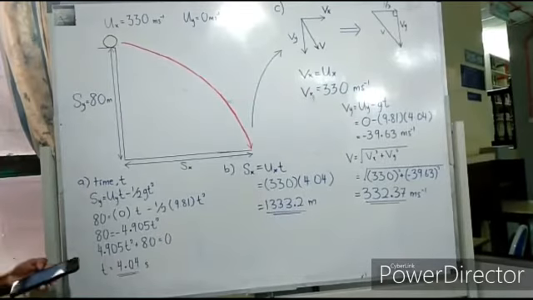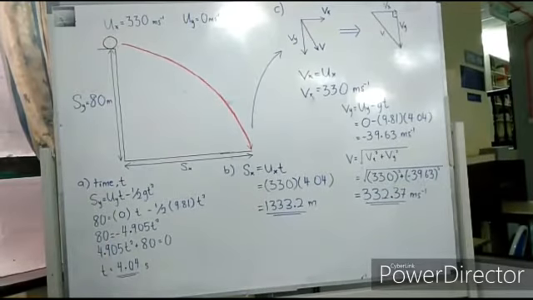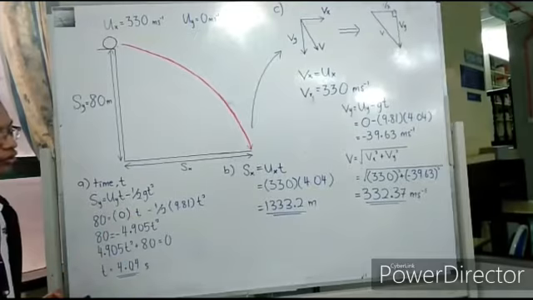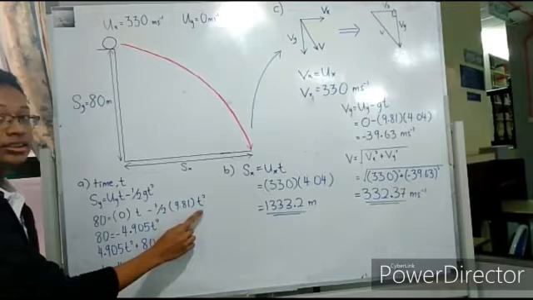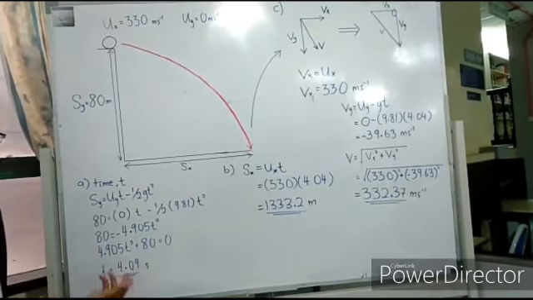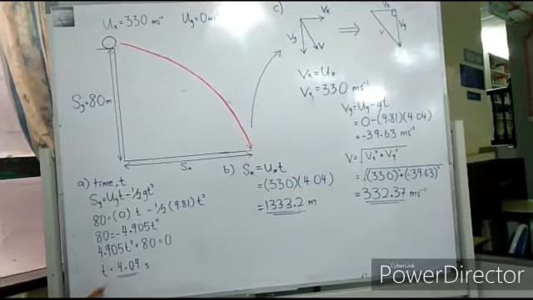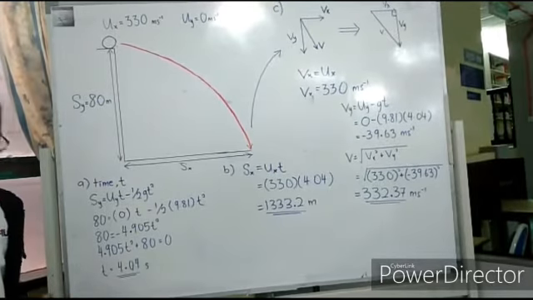Then we can substitute the value into the formula: 80 equal to 0 multiplied by t minus 1 over 2 multiplied by 9.81 t square. After we get this equation, we can use the calculator to get the value of t, which is 4.04 seconds.